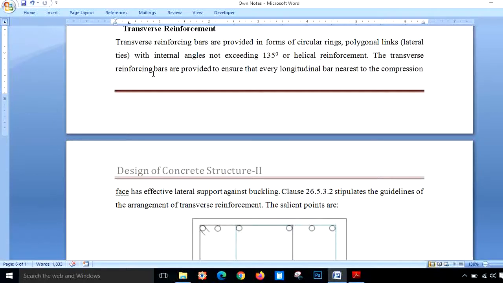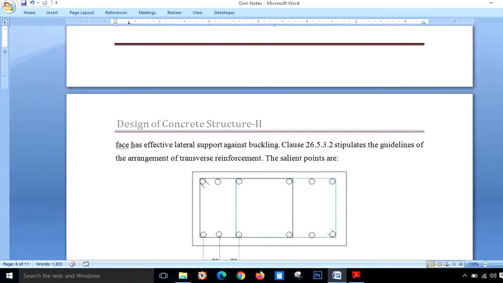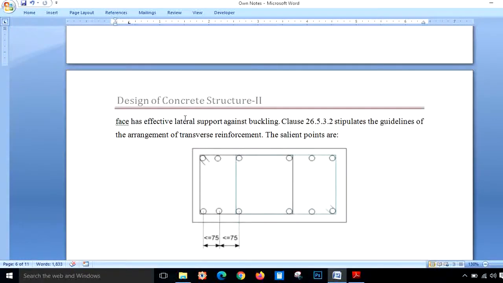They are provided to ensure every longitudinal bar nearest to the compression face has effective lateral support against buckling. The column will try to buckle, so to prevent that buckling we have to provide lateral ties, also called stirrups.